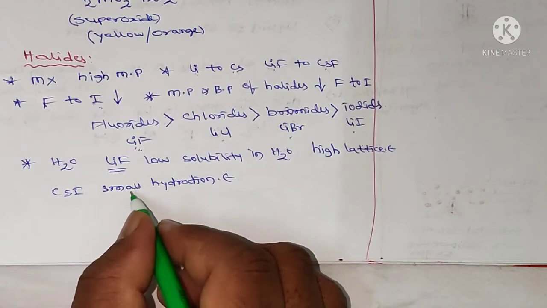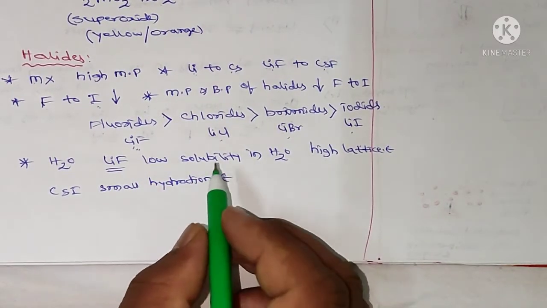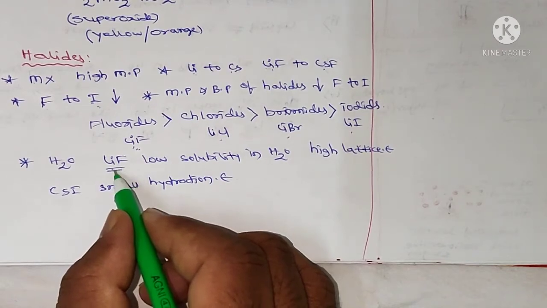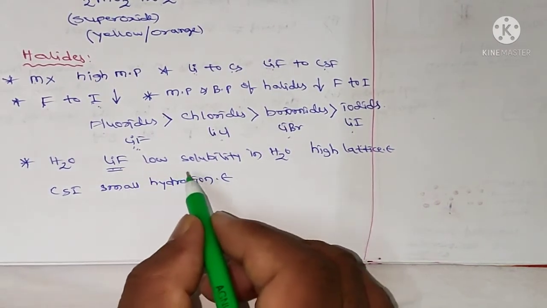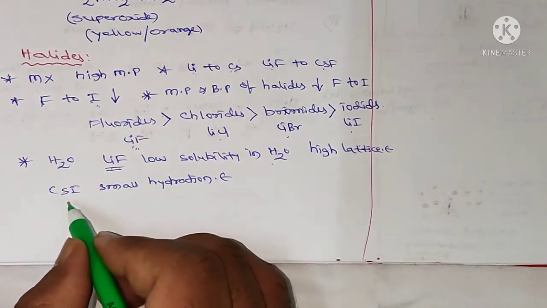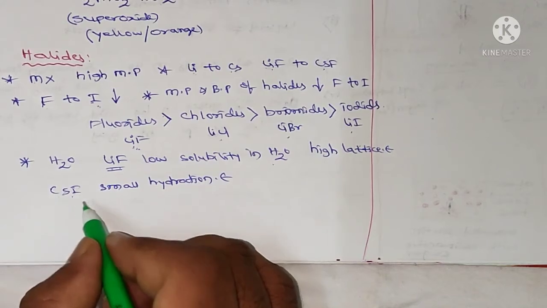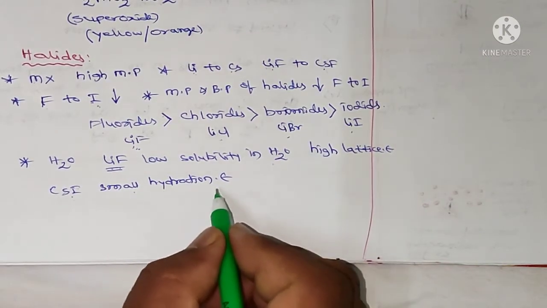The remaining halides are all soluble in water, but lithium fluoride is less soluble due to high lattice enthalpy, and cesium iodide is less soluble due to small hydration enthalpy.